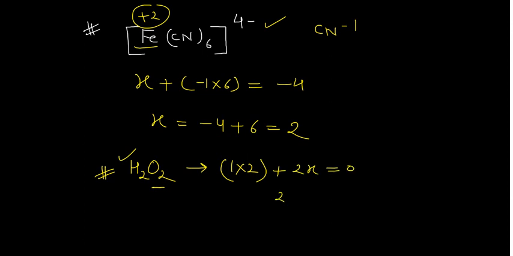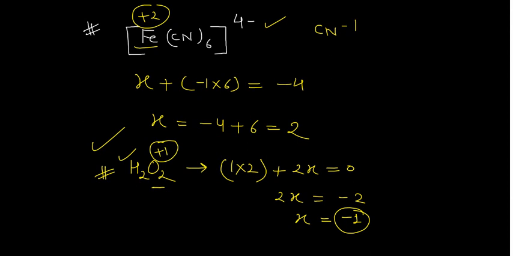So in that case, 2x equals minus 2 or x equals minus 1. So here oxygen is in minus 1. You will remember this point when you have been given peroxides. In peroxides, your oxygen will have a minus 1 oxidation number.